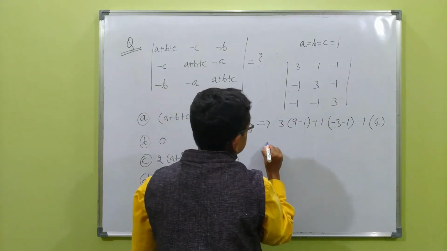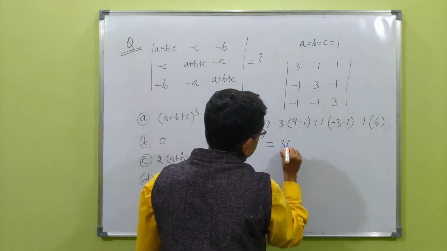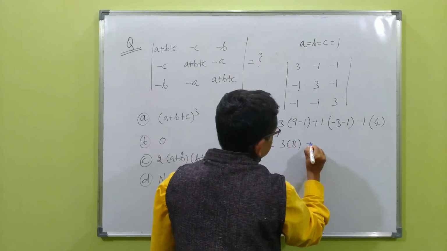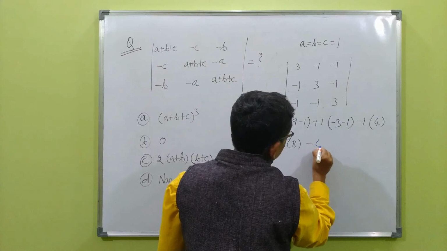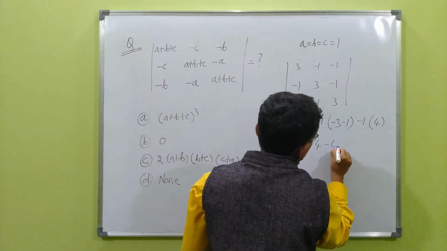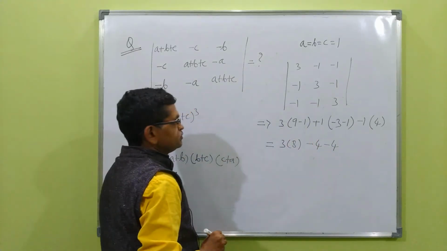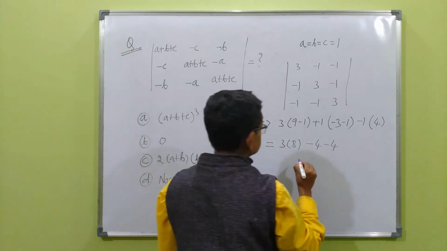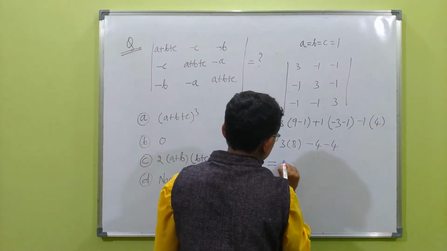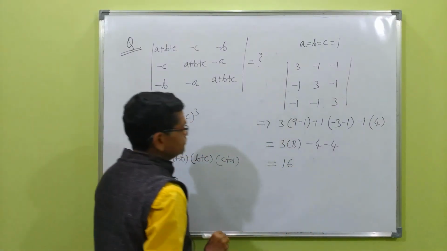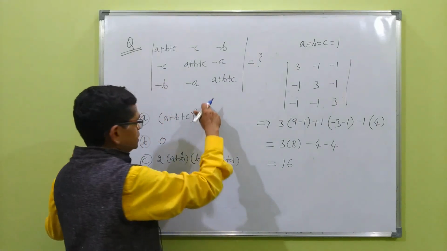So this is equal to 3 into 8 minus 4 minus 4, that is 24 minus 8 is 16.